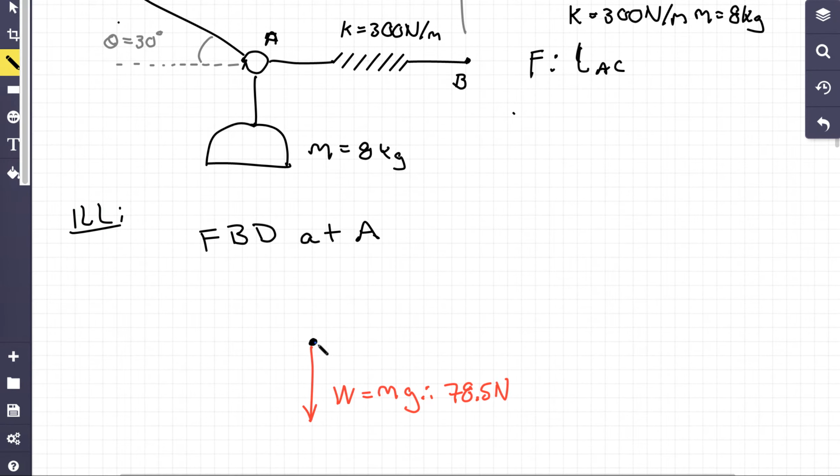Furthermore, let's look at the reactionary forces. So we have one force here, that's the force of AB. And then we have another one, the force of AC. So all of these are relevant.